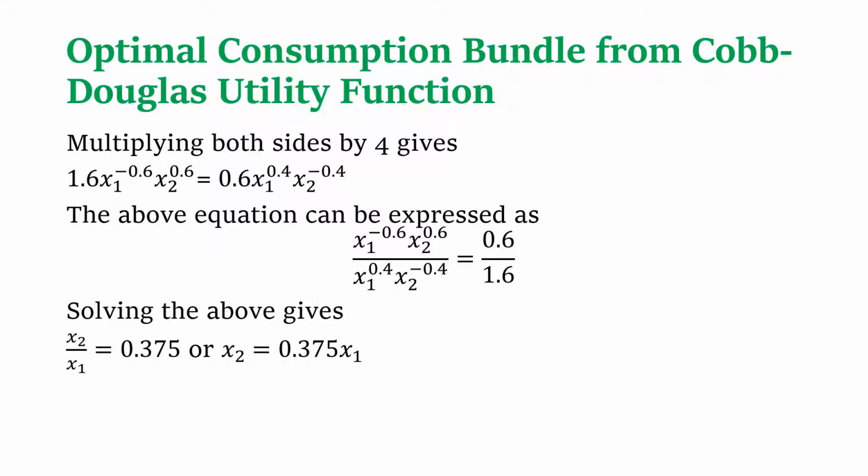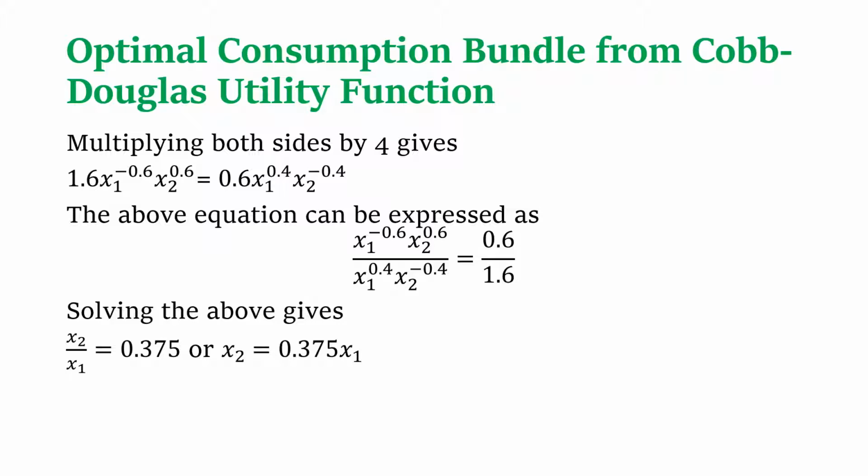Now remember, if we have this scenario here, x1 to the minus 0.6 over x1 to the 0.4, you've done indices before, right? So you know what this one is. a to the x divided by a to the y is a to the x minus y. So that's what we're going to do here. x1 to the minus 0.6 over x1 to the 0.4 is the same as x1 to the minus 0.6 minus 0.4.